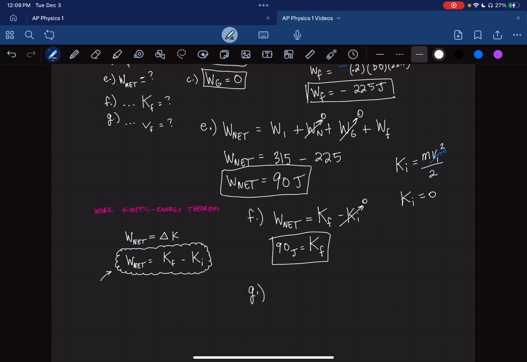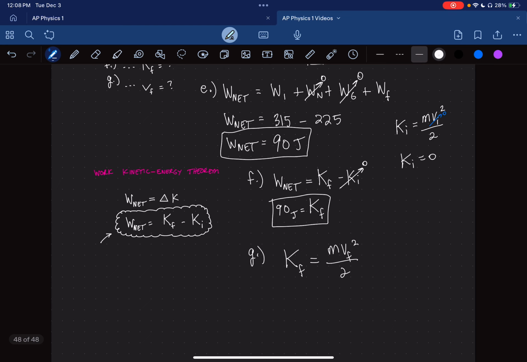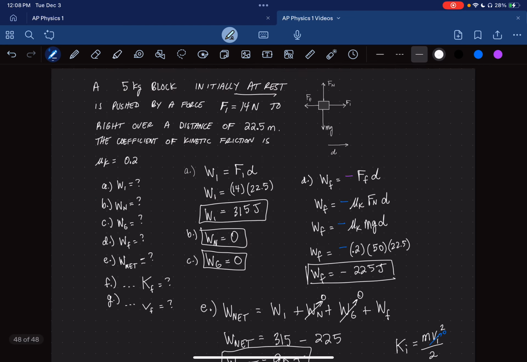And so finally, G, what is the final speed? So we will say the final kinetic energy is equal to the mass times the final speed squared over 2. 90. The mass of the block is 5.